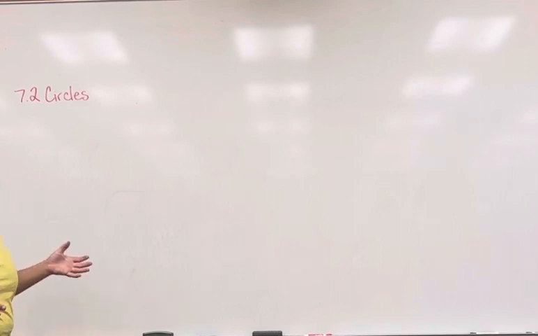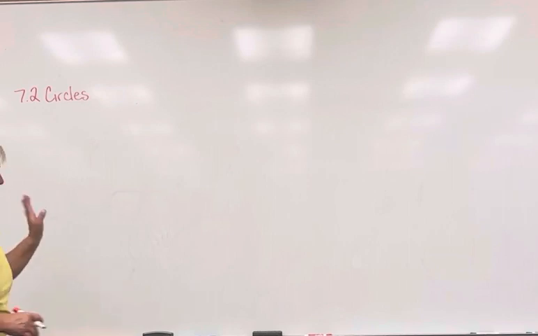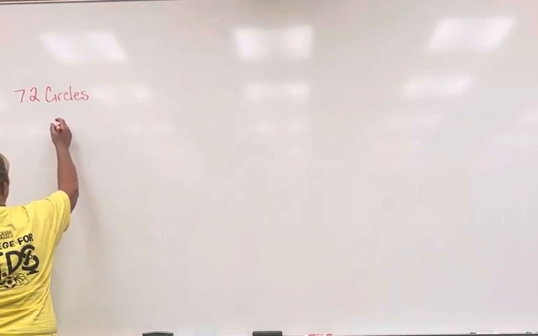So you might not have seen this definition of the circle, and if you don't like it, don't worry about it, okay? But here's the true definition of a circle.